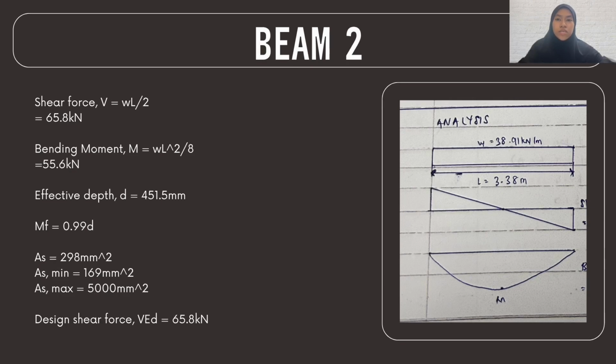The minimum is 169 square millimeters and the maximum allowable is 5,000 square millimeters. So our design falls within the acceptable range. The design shear force VEd remains 65.8 kilonewtons, confirming the beam is safe in shear.